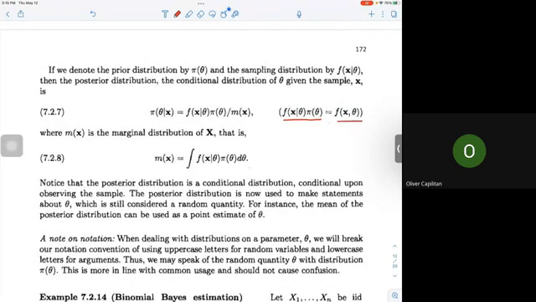because I just want to emphasize that we have a joint PDF or a joint PMF of our sample.